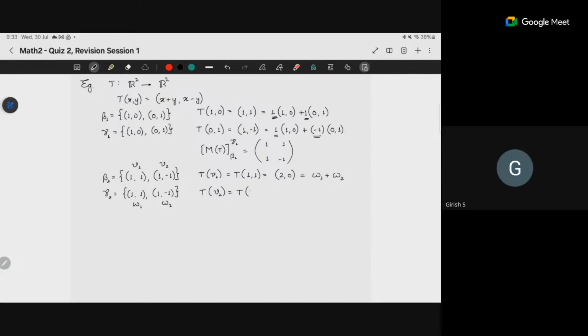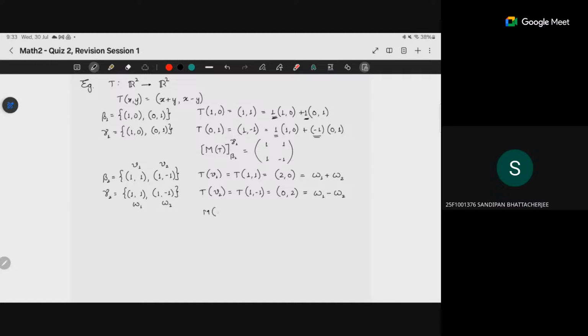So T of V2 is (1, minus 1). Now, what is the image of (1, minus 1)? It's (0, 2). It's W1 minus W2.